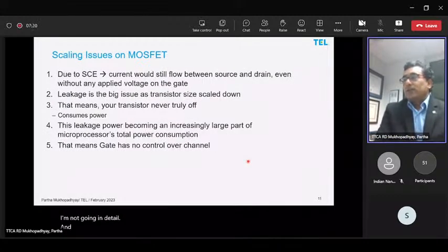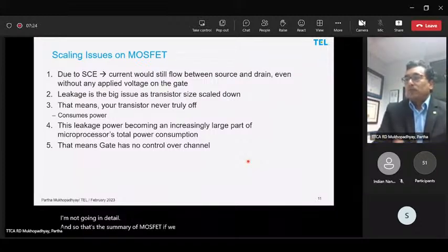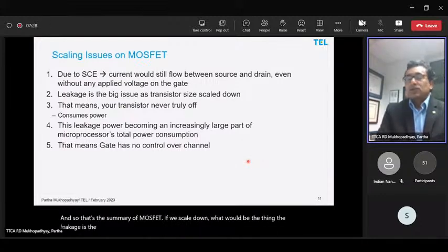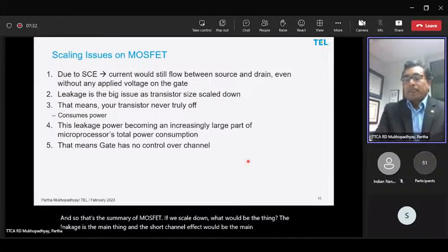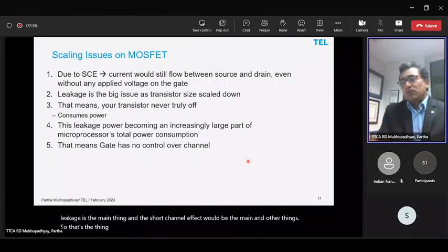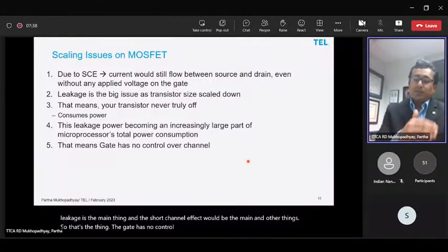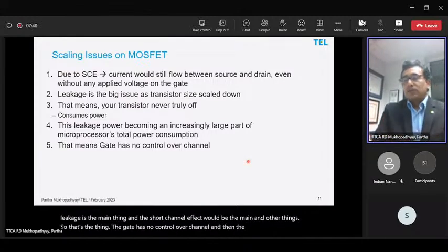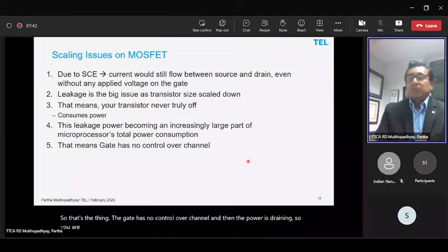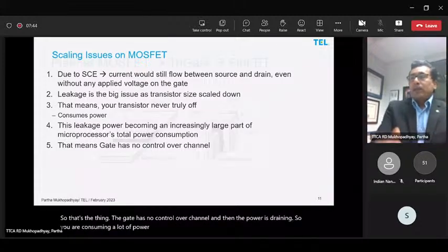So that's the summary of MOSFET. If we scale down, the leakage is the main thing, and the short channel effect would be the main, and other things. The gate has no control over the channel, and then the power is draining. So you are consuming a lot of power, but you are not using it.